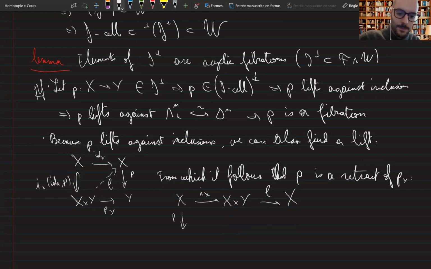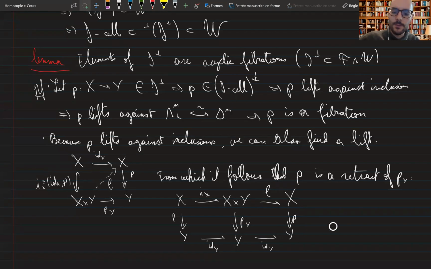Here you have P, and here P_Y, Y, and here it's Py, Y, the identity, and the identity. All right, and this square commutes by definition of Ix, right? And this square commutes because this triangle commutes. All right, so P is a retract of Py. So if we manage to prove that Py is a weak homotopy equivalence, then P will be a weak homotopy equivalence because weak homotopy equivalences are stable under retracts.